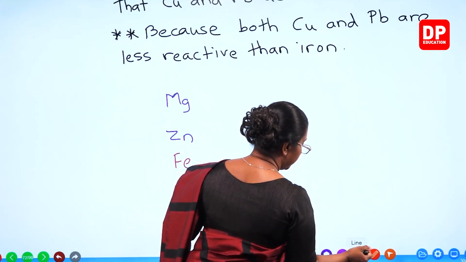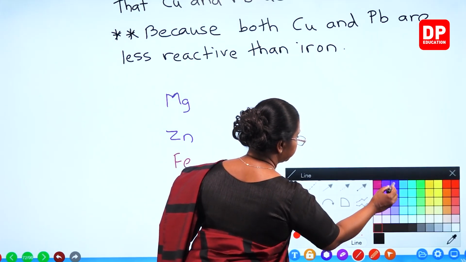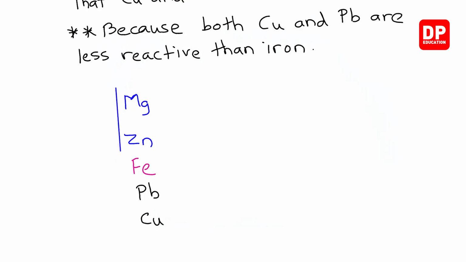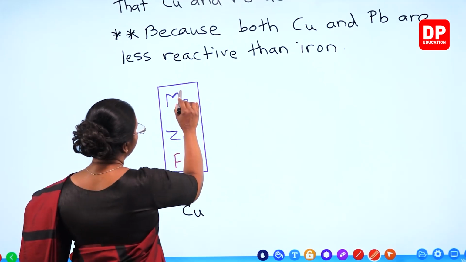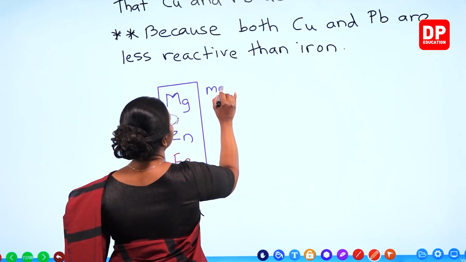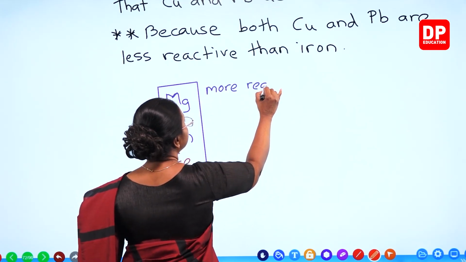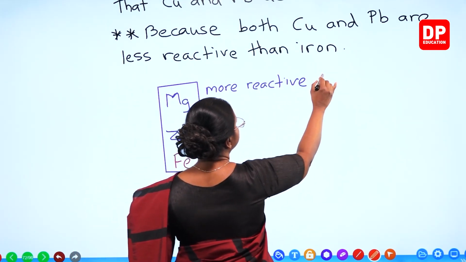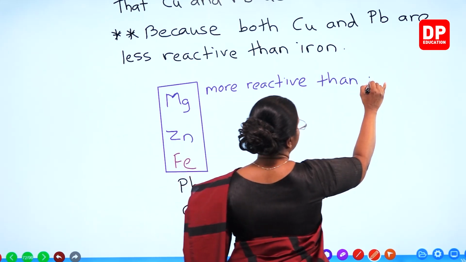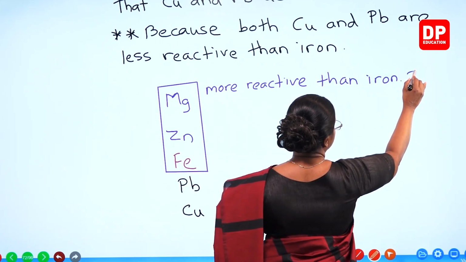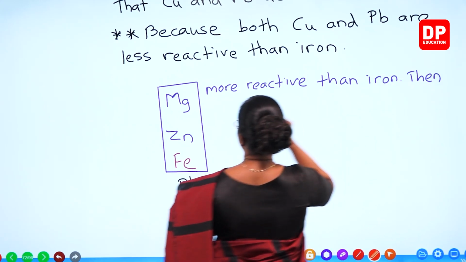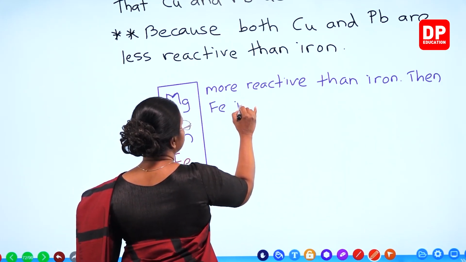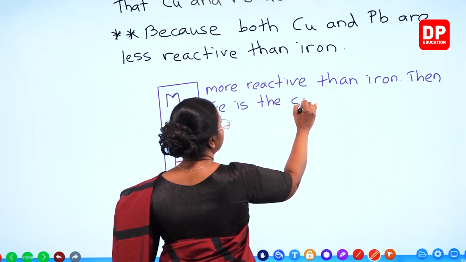If you have magnesium and zinc to protect iron, both being more reactive than iron, then iron is the cathode.